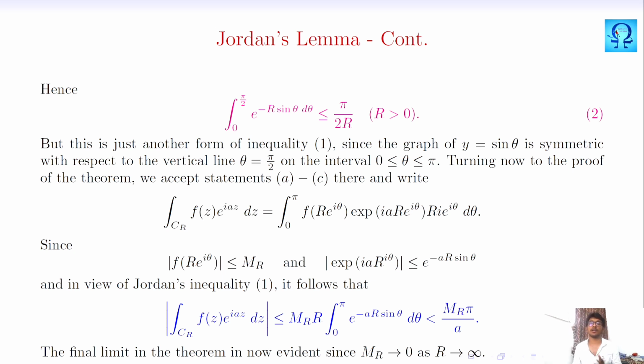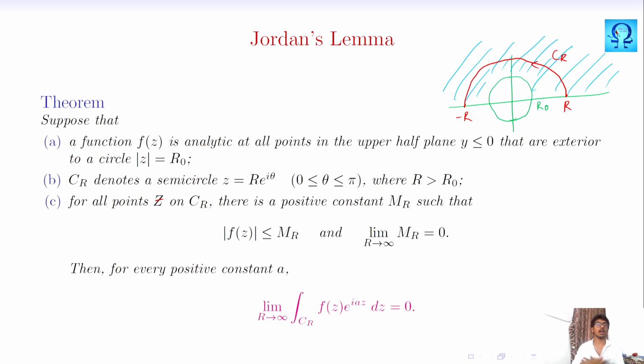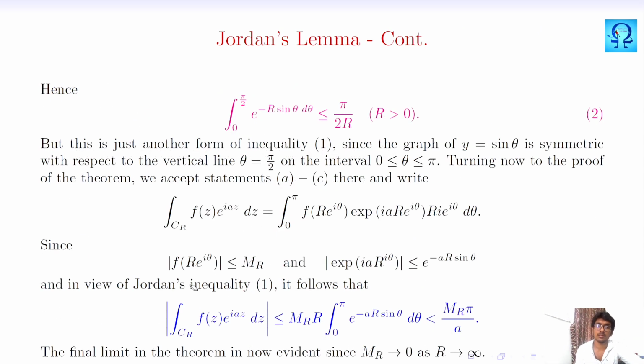Now with the help of Jordan inequality, we will proceed to prove Jordan's lemma. Here we assume that all three hypotheses are satisfied. That is, the function is analytic at the points in the upper half of the plane that are exterior to the circle, absolute of z equals r naught. And the other two conditions are also there, with which we write the integral over CR of f of z.